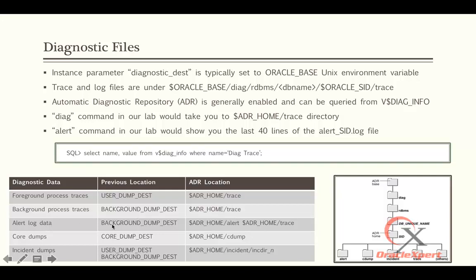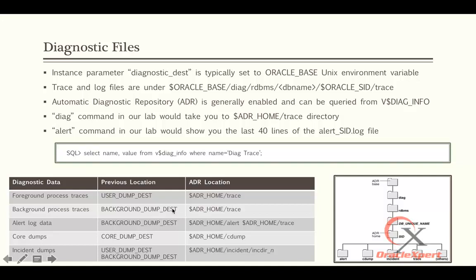Earlier it used to be background_dump_dest. Your alert log for your instance earlier used to be under background_dump_dest. Again it is today in two formats. One is ADR home alert. Here's the XML version of your alert log, which is easy when it comes to writing automatic parsers, and the text version of your alert log is there in ADR home trace.